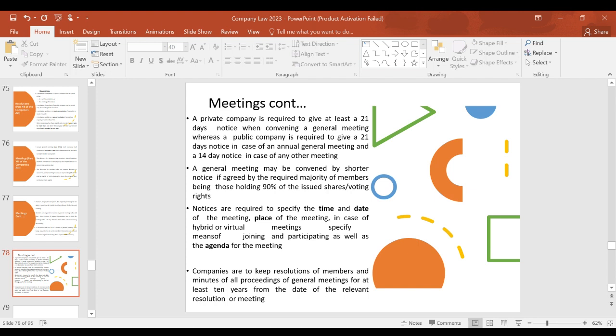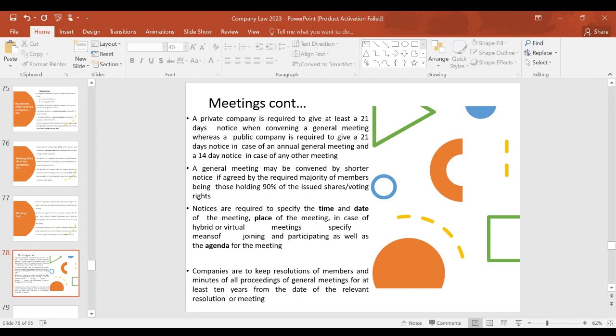Whereas the public company requires that the members are given 21 days notice. That is in case of the annual general meeting. If it's not an annual general meeting, it can be a notice of only 14 days for any other meetings. As I already said, there are several meetings that a company may constitute.